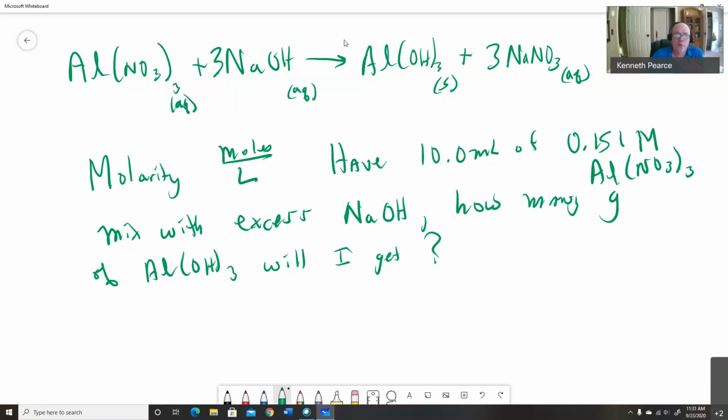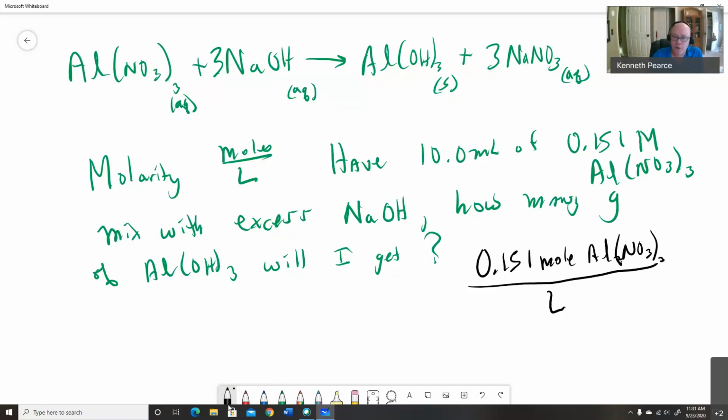Anytime you see molarity, it's moles per liter, which is a way of going from liters to moles and moles to liters. This is an essential skill: we're going to say that we have 0.151 mole aluminum nitrate for every liter of aluminum nitrate solution.